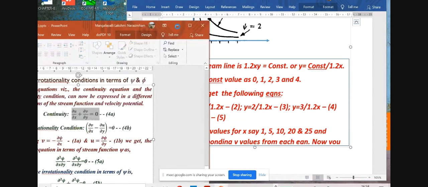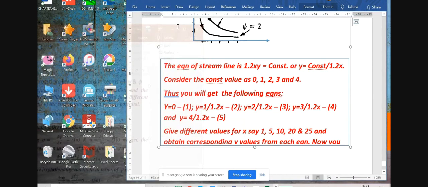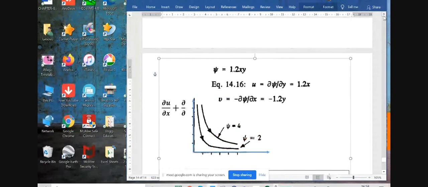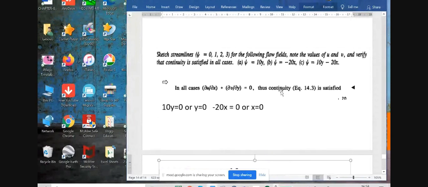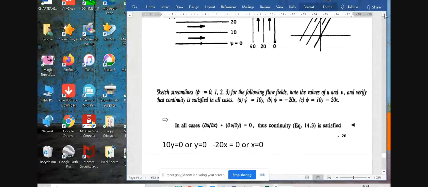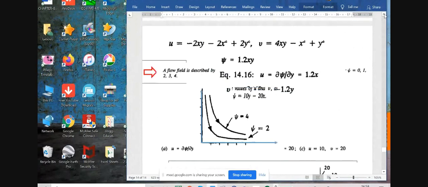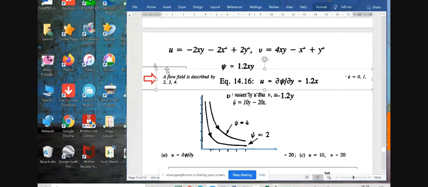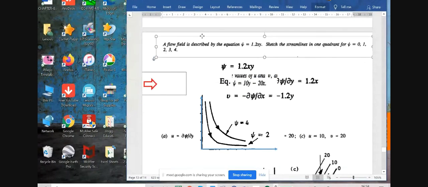Now the problem, it is given, you are asked to draw the streamlines for psi is equal to 0, 1, 2, 3, 4.